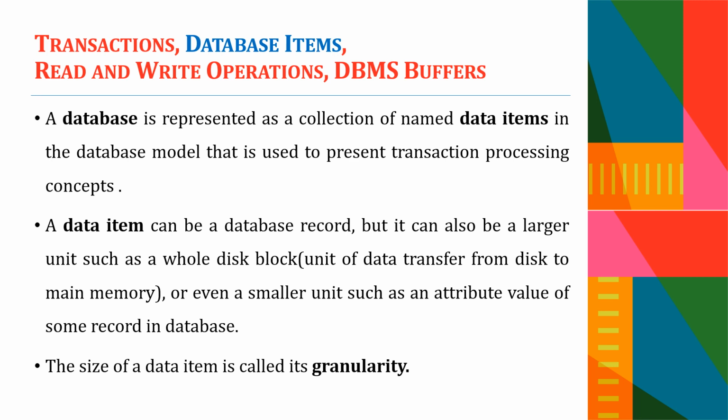Now let's look into the various database items. A database is represented as a collection of named data items in the database model, which is used to present the transaction processing concepts. A data item can be a record, but it can also be a larger unit such as a whole disk block, where the block means a unit of data transfer from disk to main memory, or even a smaller unit such as an attribute value of some record in a database.